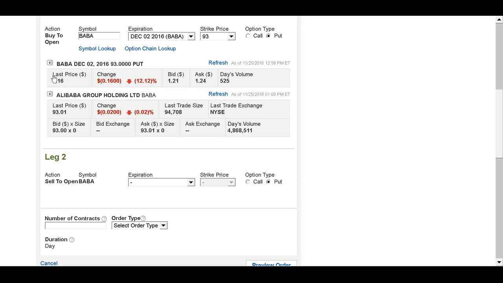But they do have extrinsic or time value, $1.16 per share worth. That's what you would be paying for. All that money would be just for extrinsic or time value, which you're paying for the possibility or potential that Alibaba stock might go down before expiration, and therefore your put option might go up in value.